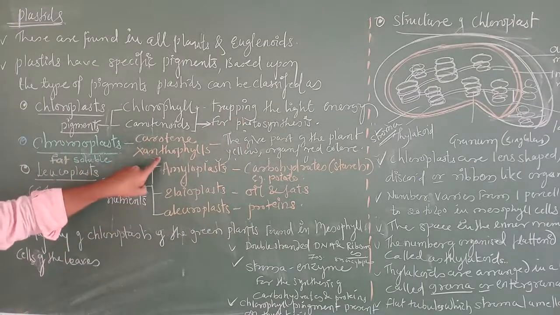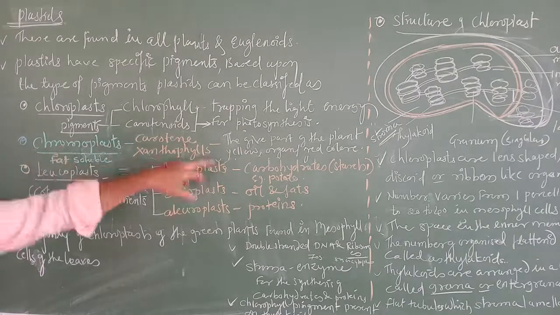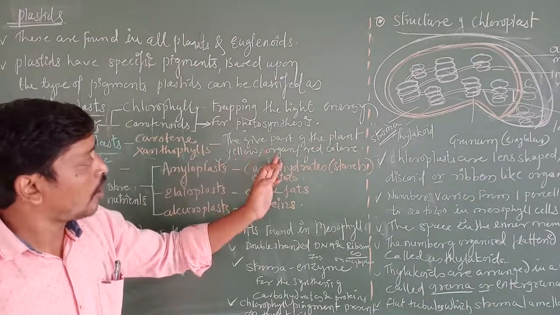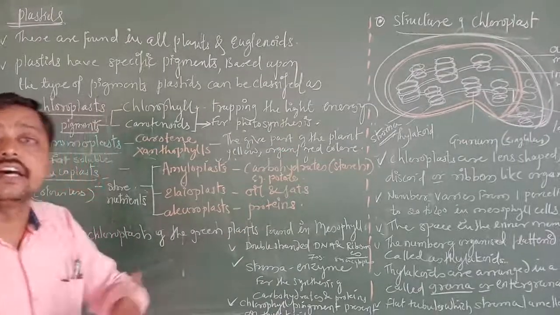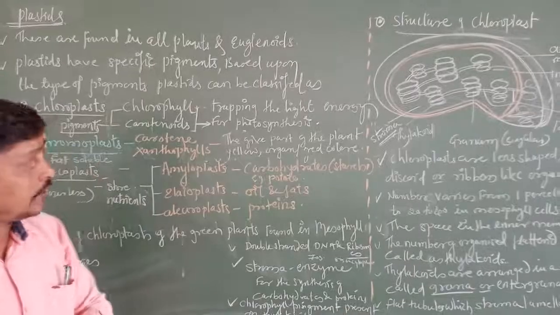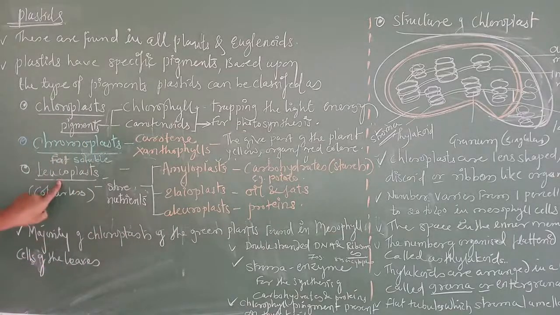Next, these carotene and xanthophylls which are present in a chromoplast, what do they do? They give the parts of the plant yellow, orange or red coloration. In the sense, they give coloration to the different parts of a plant. Next, leucoplasts.